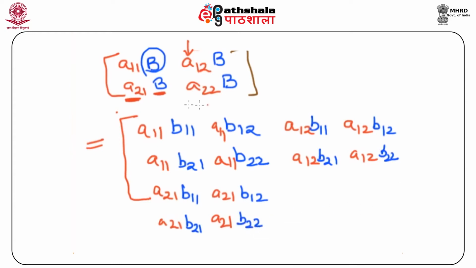And now I think it is very obvious how we will expand this term, that is A22 into the matrix B. We write A22 at these places and it is being multiplied by B11, B12, B21 and B22.